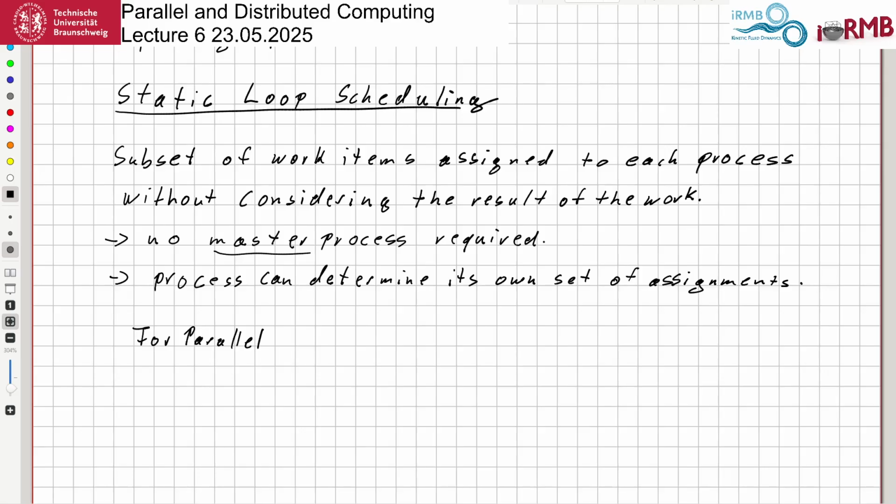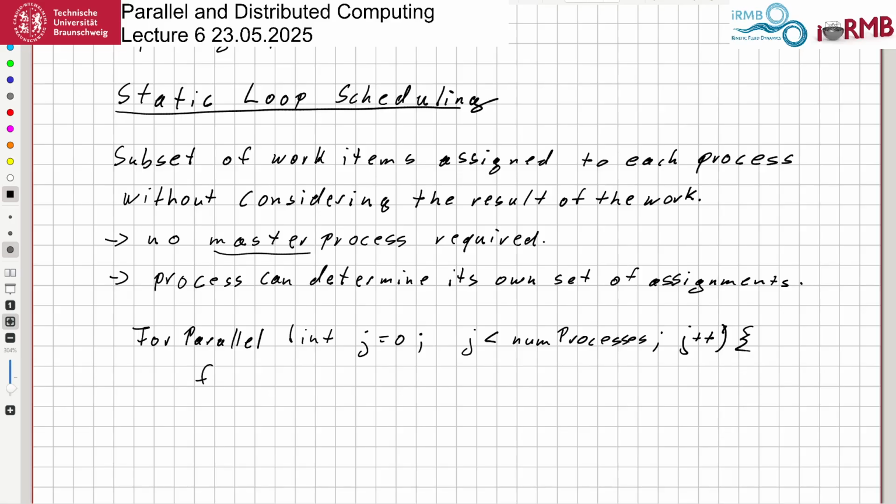And in this you can specify, for example, for j equals 0, j is smaller than the number of processes, and then you count up j. So now this can be done in parallel.